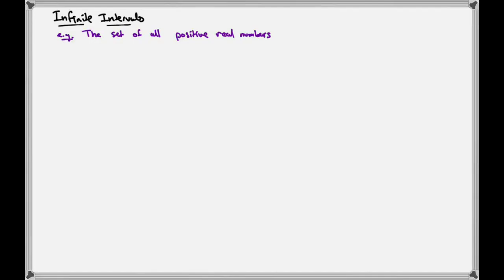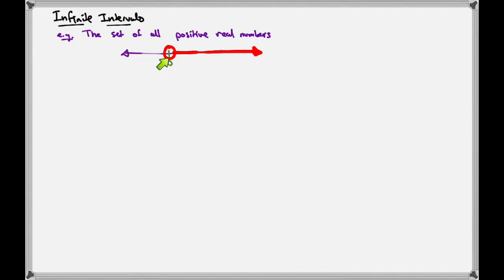Oftentimes, the intervals we want to describe are infinite intervals. That is, they include a region of the real numbers that stretches off without bounds. In this case, I want to look at the set of all positive real numbers. Positive would exclude 0, but would include everything to the right of 0 on the real number line. So graphically, I'm going to exclude 0, but include everything to the right.